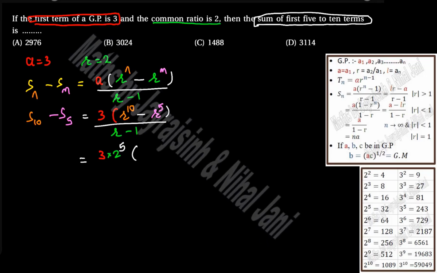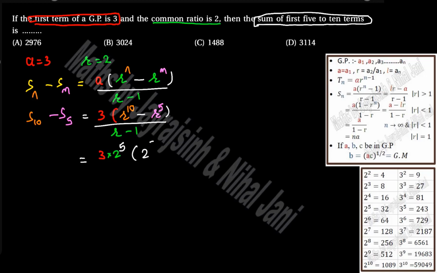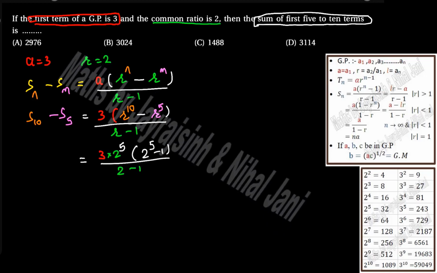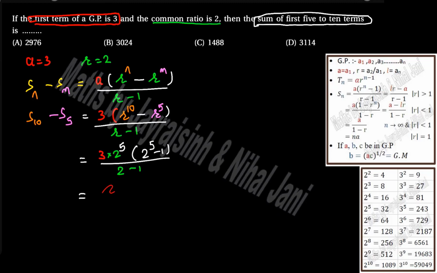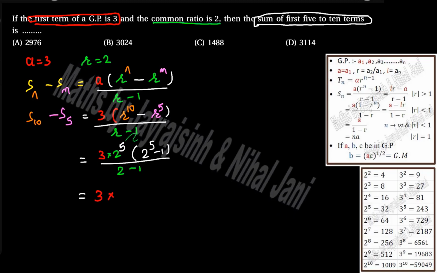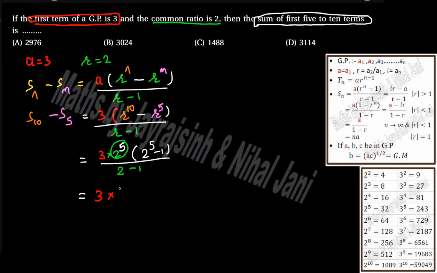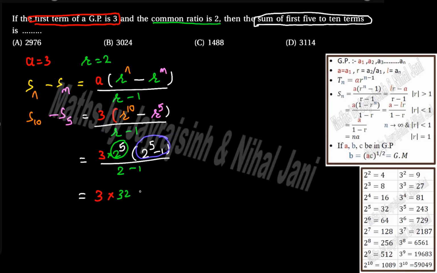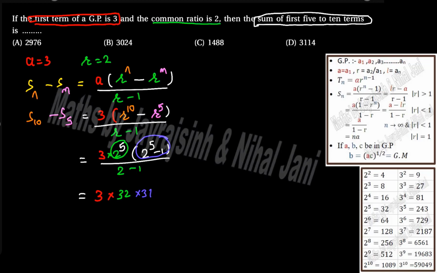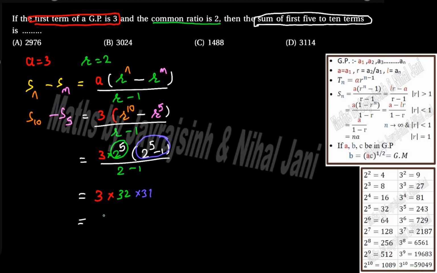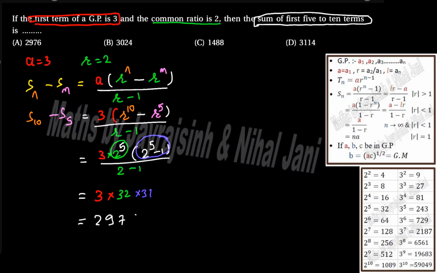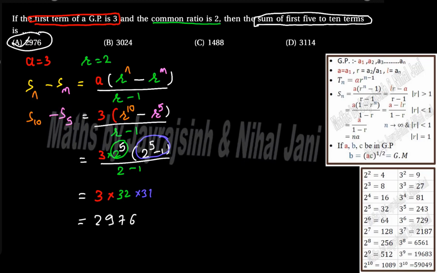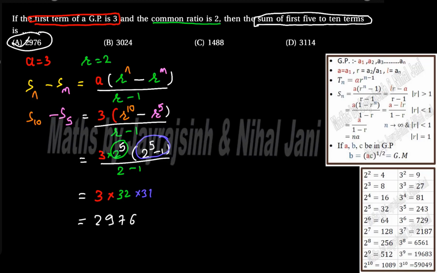So, within the bracket, we have 2 raised to 5 minus 1 upon 2 minus 1. So, we will get 3 into 2 raised to 5, which is 32, and 2 raised to 5 minus 1 is nothing but 31. So, your final answer is 2976, which is given in option A. Ta-da!